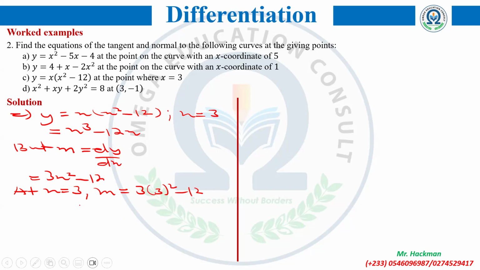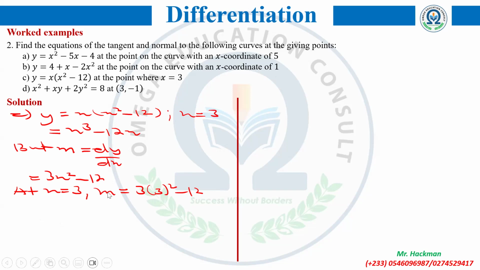Go and put the formula for the equation of the tangent, and substitute your m. A vital piece of information that I ignored: when you find the gradient and you are going to substitute in the formula for the tangent, y minus y1 is equal to m into x minus x1. You found the m.